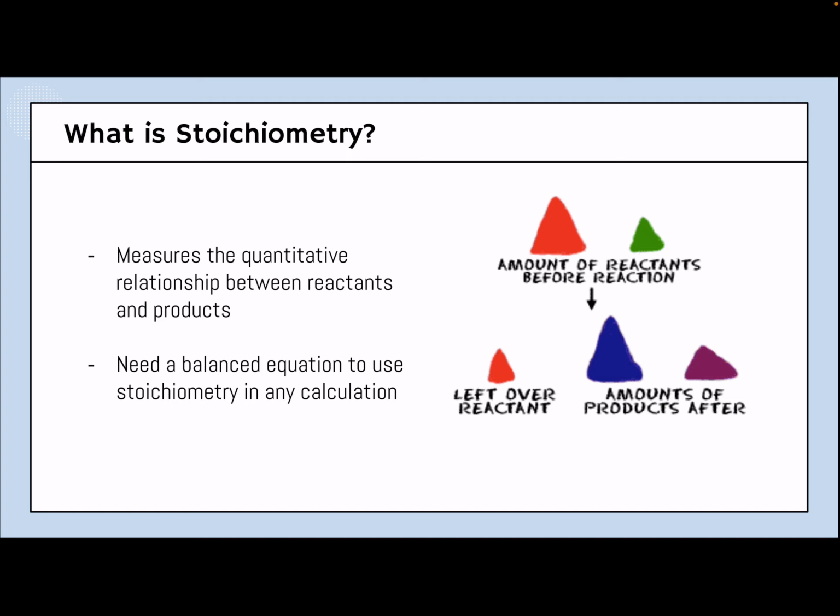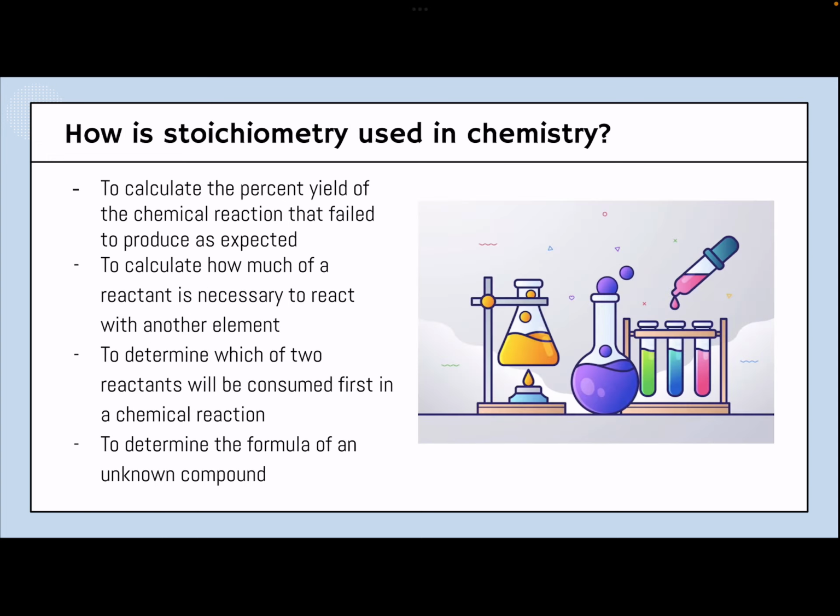Some of the ways that this calculation method can be used are as follows: to calculate how much product a chemical is expected to produce, to calculate the percent yield of a chemical reaction that failed to produce the product as needed, to calculate how much reactant is necessary to react with another element, to determine which of the two will be consumed first in a chemical reaction, also known as limiting reactant, and to determine the formula of an unknown compound.